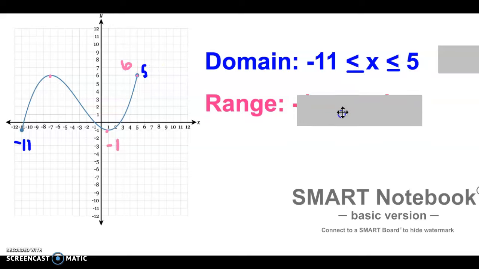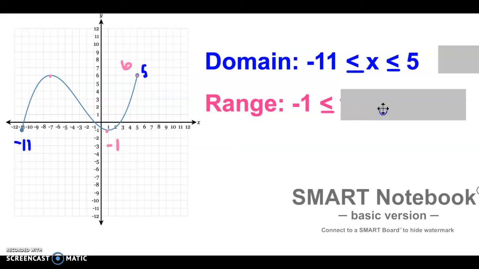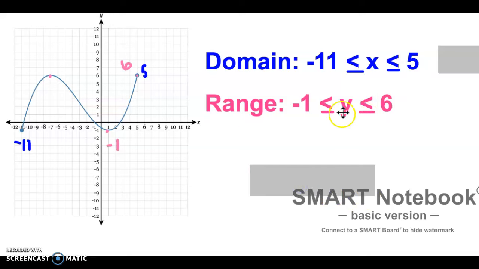So for the range, we have -1 is less than or equal to y, because now we're talking about the y values for range, is less than or equal to 6. So again, this is set notation. What this means is that the range, the y values, the outputs for this graph here are between -1 and 6.